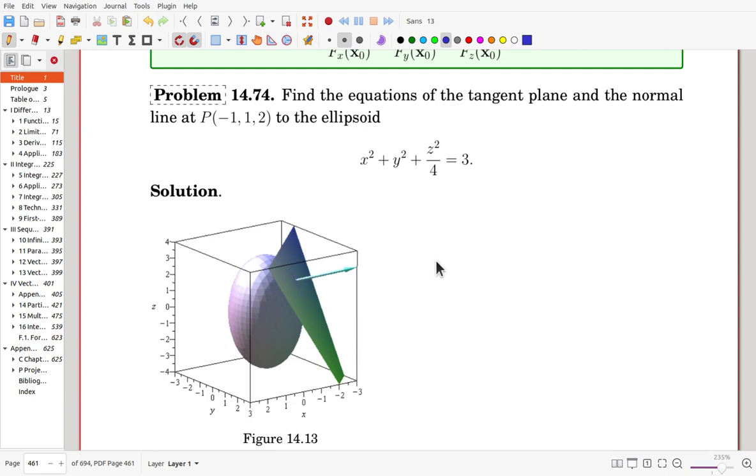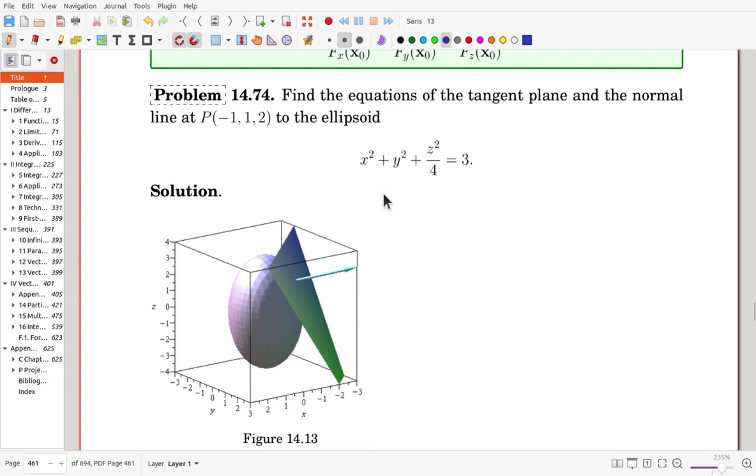Find the equations of the tangent plane and the normal line at the point (-1, 1, 2) to the ellipsoid. The ellipsoid is given in this way.